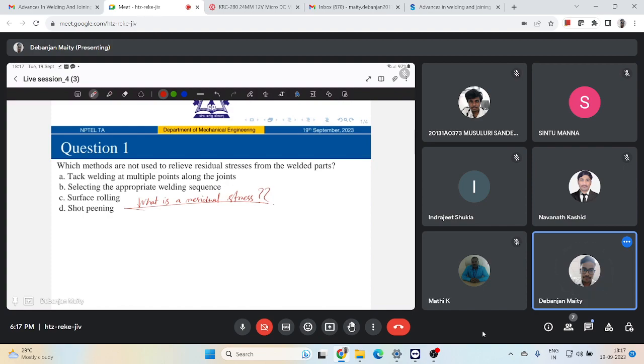Residual stress can result in significant plastic deformation, which can lead to some kind of warping or distortion of an object, right? So residual stress is basically your internal stress, which remains in the structure.